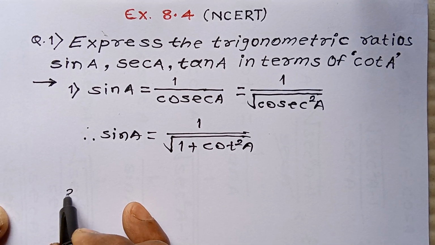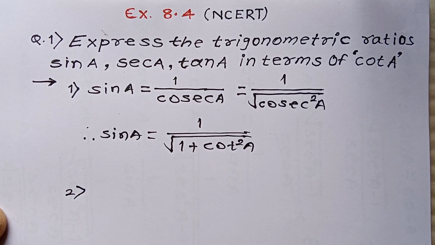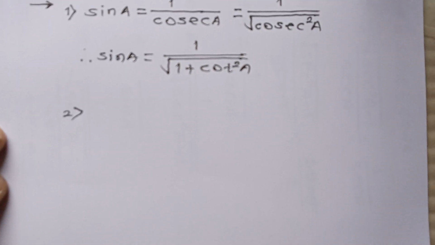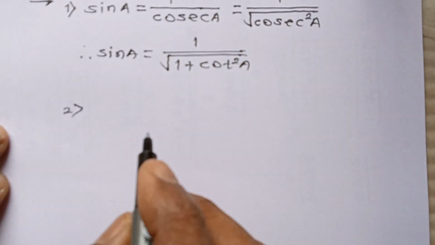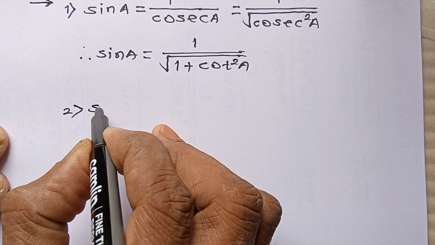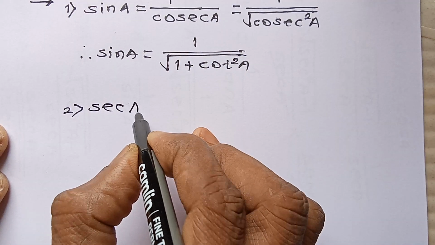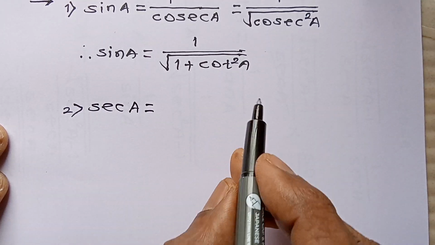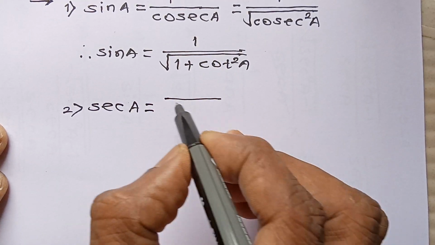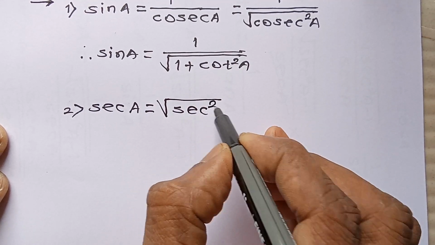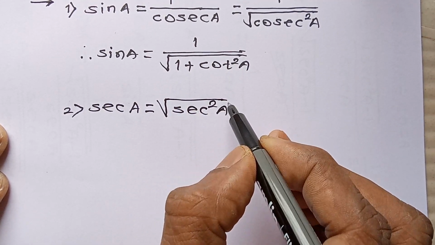Then our second, that is sec A. What is sec A? We first convert this into sec square A. Therefore here we write sec square A but in square root.